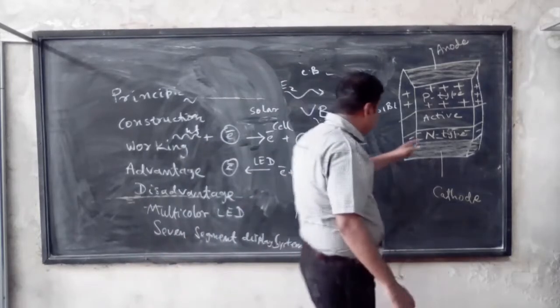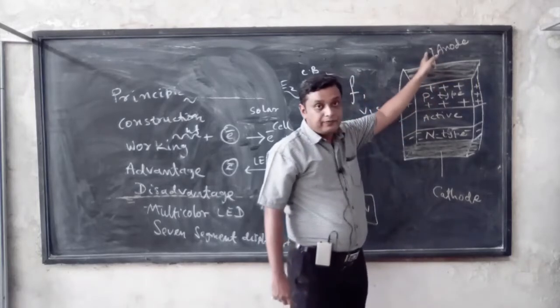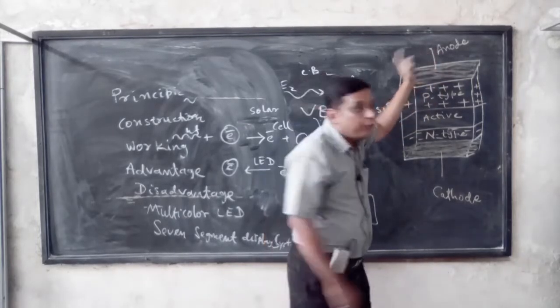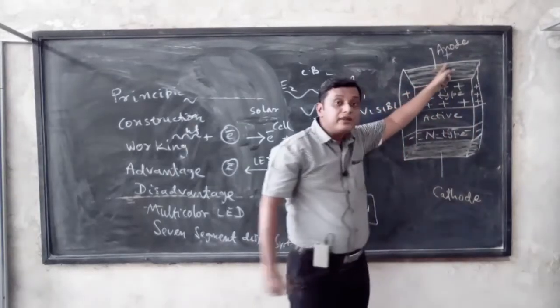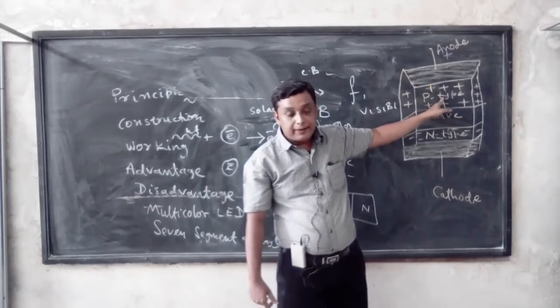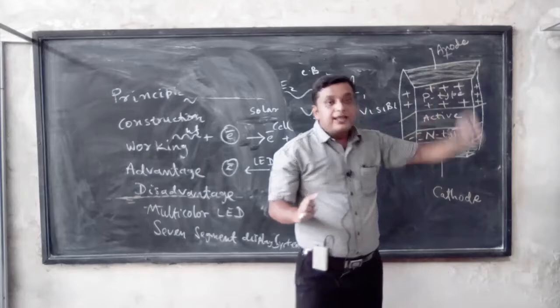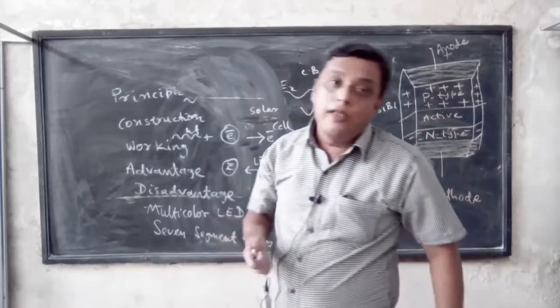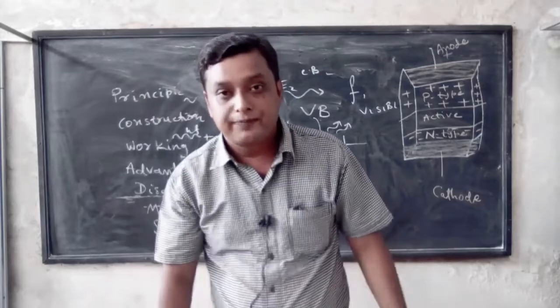Another reason is that this anode is acting as a positive terminal. Why is this anode acting as a positive terminal? Because the anode is taken from the P-type semiconducting material, and P-type semiconducting material contains the majority charge carrier holes, and we know that each and every hole has a positive charge.